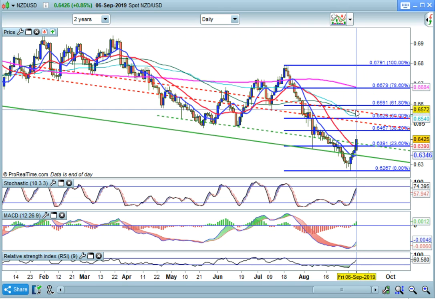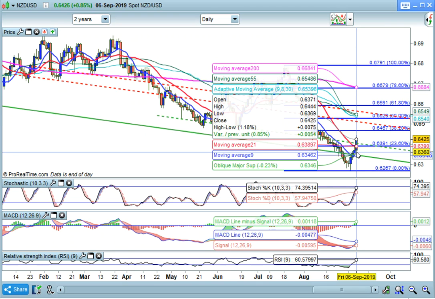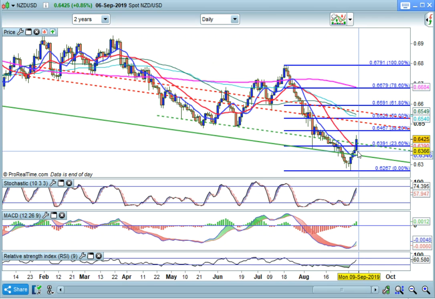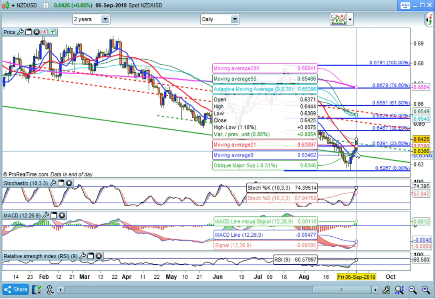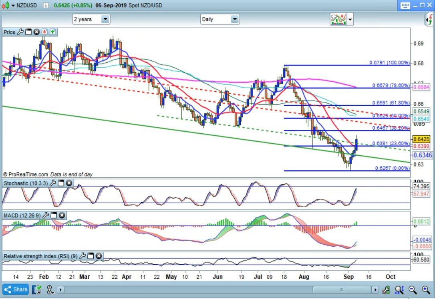You've got all this up here as well. You've got these lines, you've got the 2 adaptive moving average and the 55-day moving average, and they're coming in, here we come, 65.35 and at 65.48. So there's a lot of reasons why Kiwi can keep going higher. Ignore the fact that it's gone up all week.